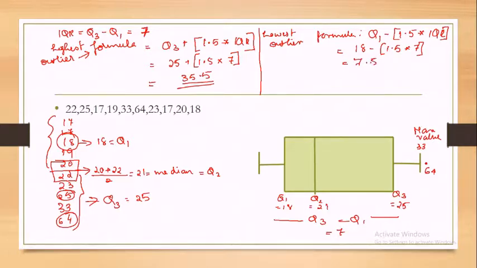Now here you have the minimum value as 17. So there is no value below 7.5. So hence on this side there won't be any outliers, and these are the whiskers.